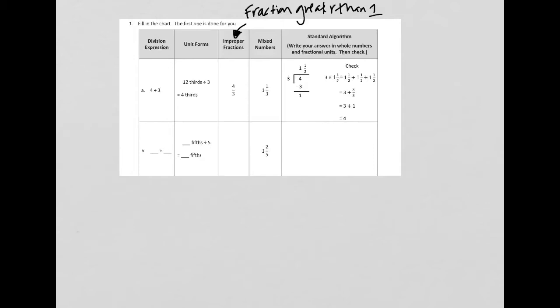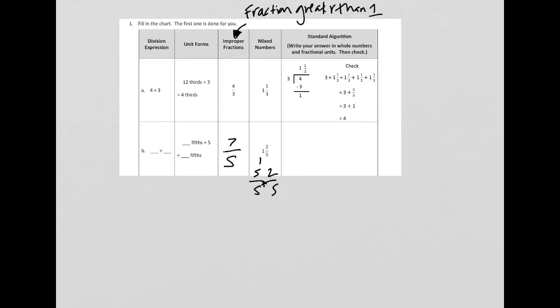So for B, they gave us the mixed number, which is 1 2/5. I can go from a mixed number to an improper fraction by thinking, okay, 1 2/5. This 1 I can think of as 5/5 and 2/5. So if I combine those together, I get 7/5.